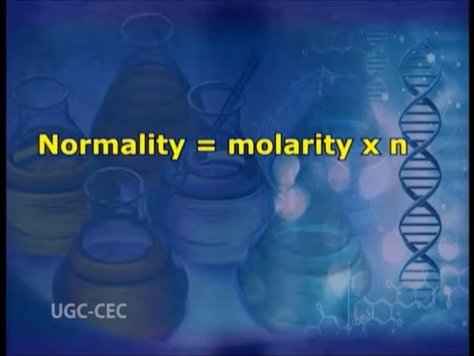Equivalent is equal to mass of compound per equivalent weight, and normality is equal to equivalents of X per liter. And the part that is of interest to you is that normality is equal to molarity times N, where N is equal to the number of protons exchanged in a reaction.